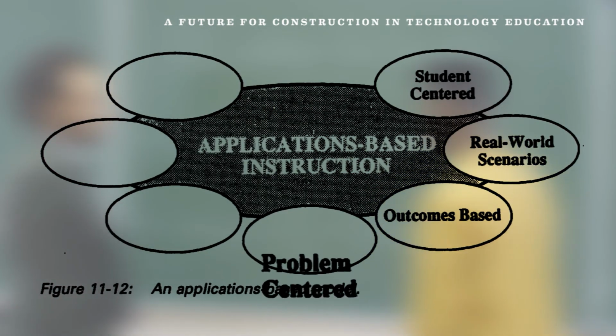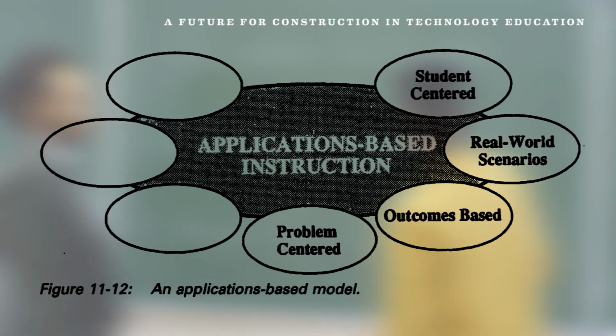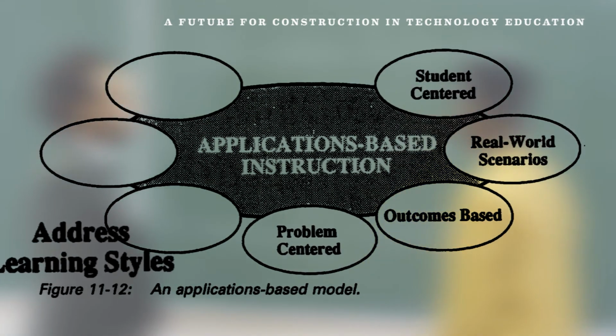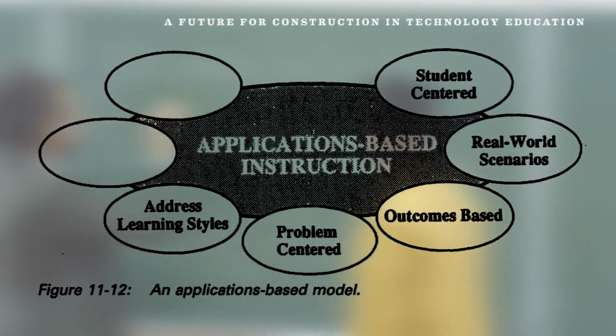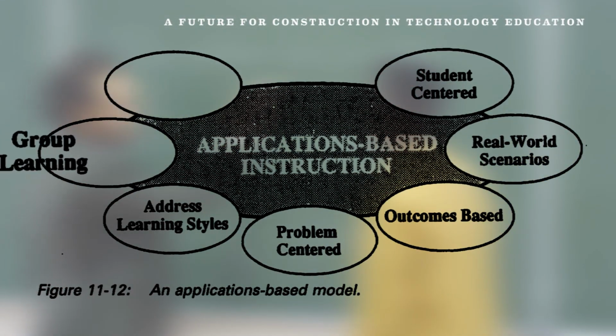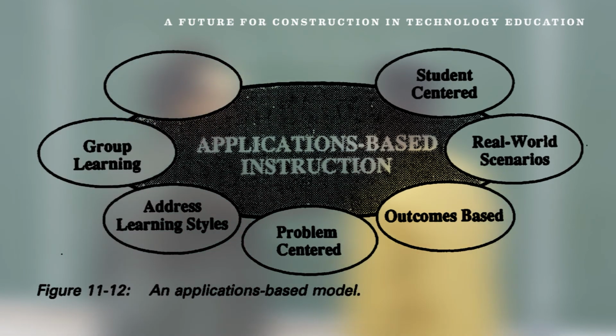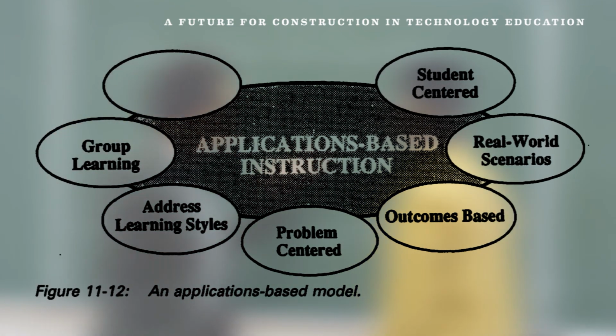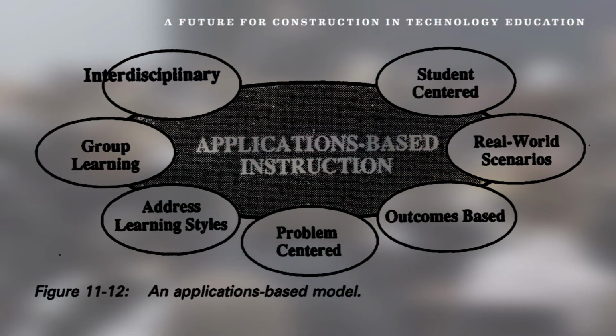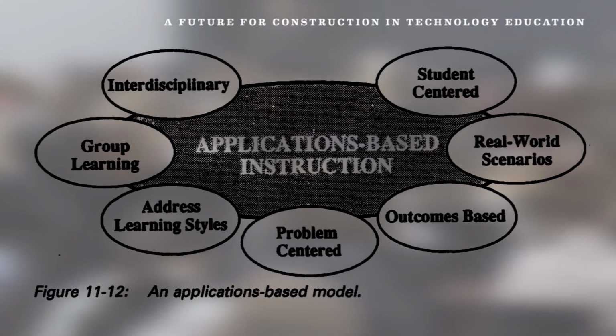It uses problem-solving methods extensively. It addresses learning styles by using a variety of techniques to teach and assess. It uses effective group learning strategies to enhance achievement, develop a positive self-esteem, practice social skills, and improve group participation. It integrates subject matter in appropriate ways.